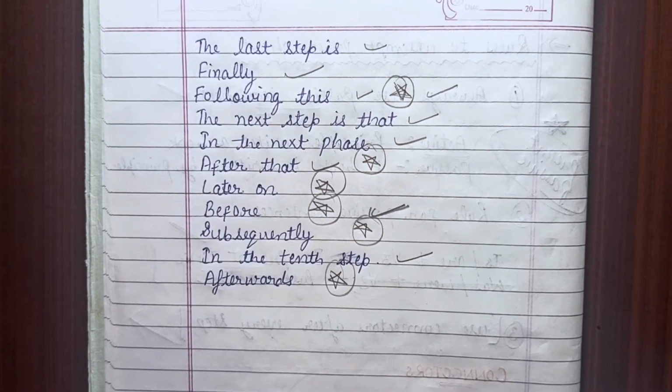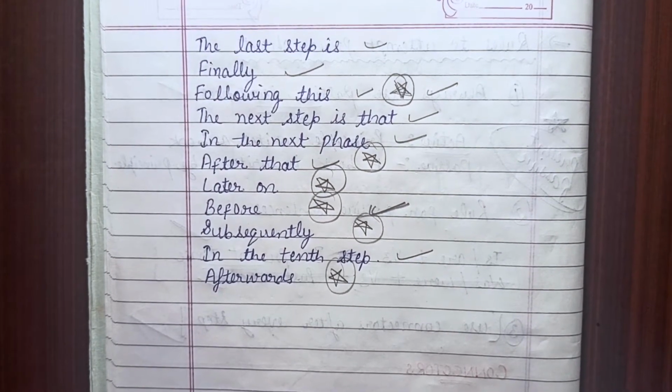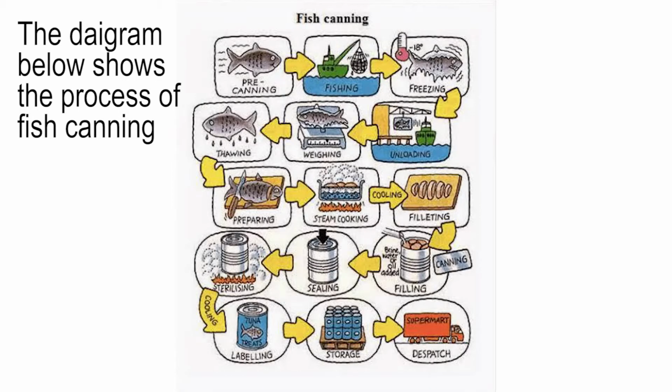So let's move on to the sample answer, how to use these connectors and how to write a process chart. The statement given is, the diagram below shows the process of fish canning. So you need to understand what is happening. What is the process? Is this a process chart or a flow chart? This is a process chart.